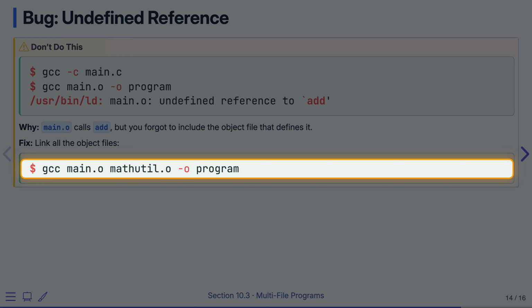The linker searched everything you gave it and could not find add anywhere. The fix is to include all the object files in the link command, main.o and mathutil.o, and a handy tip. The name right after undefined reference tells you exactly which function is missing.